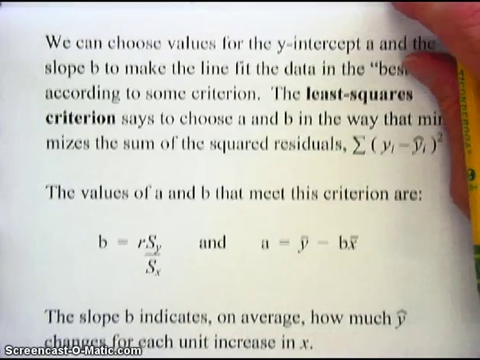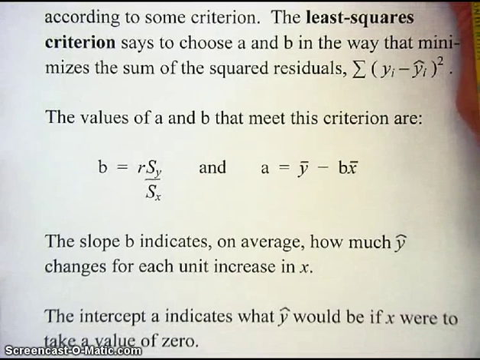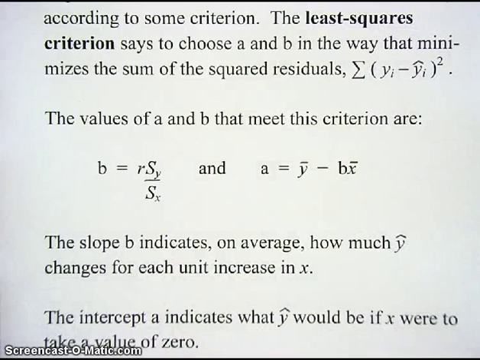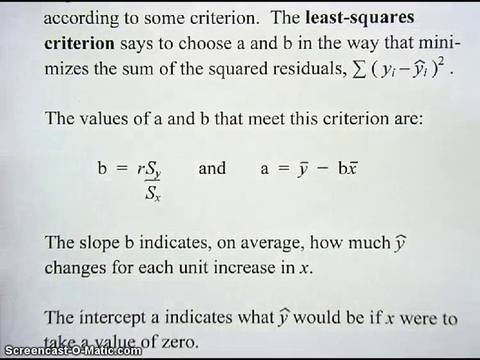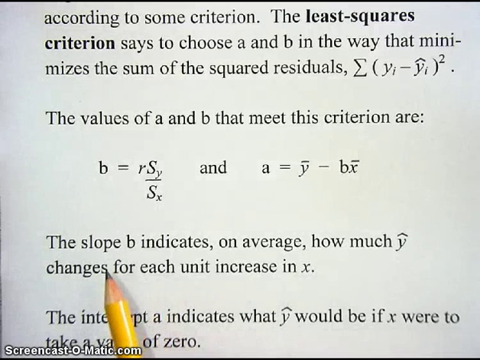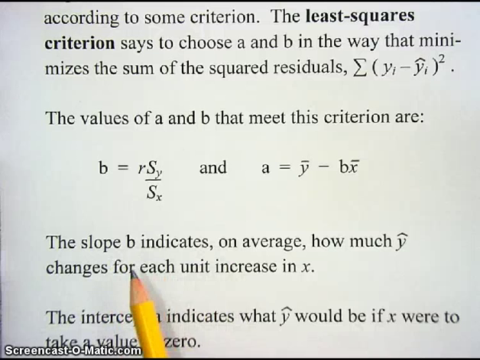Okay? Now, what does the slope mean? Well, in general, slope is a rate of change. It tells you how much a y value on a line changes in response to a unit change in x. So in this situation, we're looking at the slope B. It indicates on average how much predicted y, or y hat, changes for each unit increase in x.